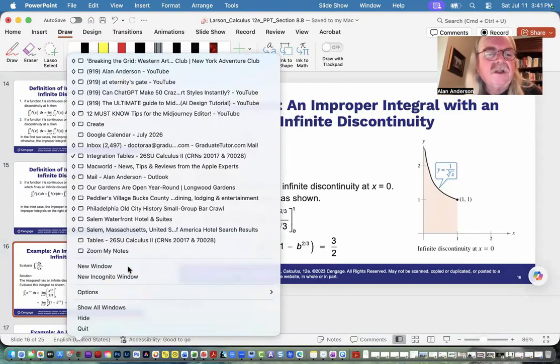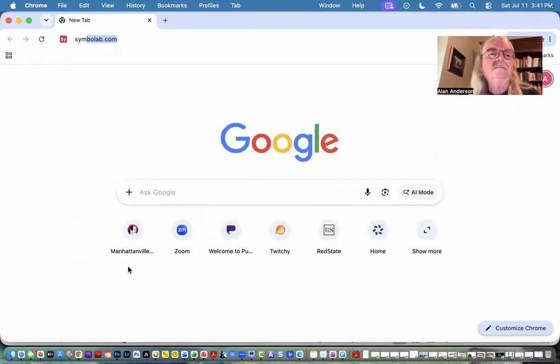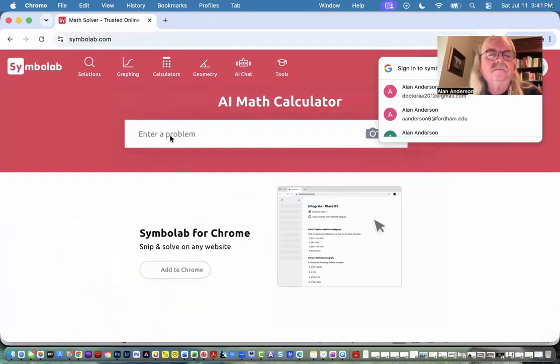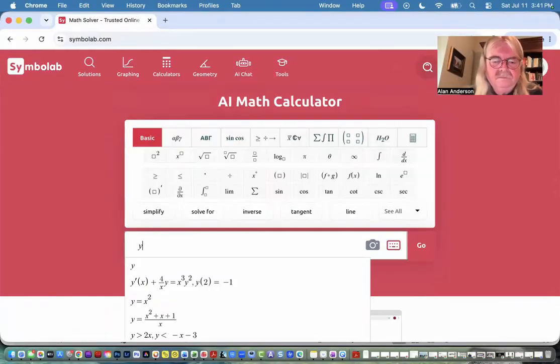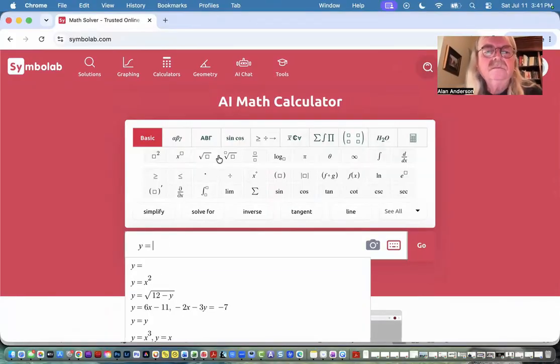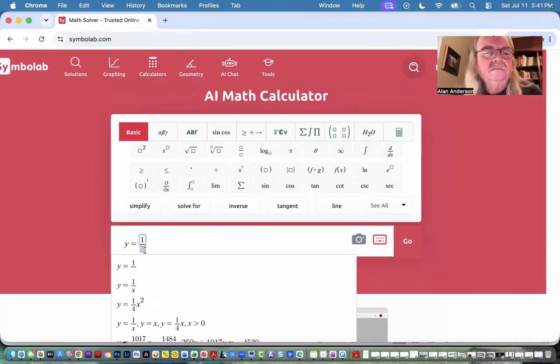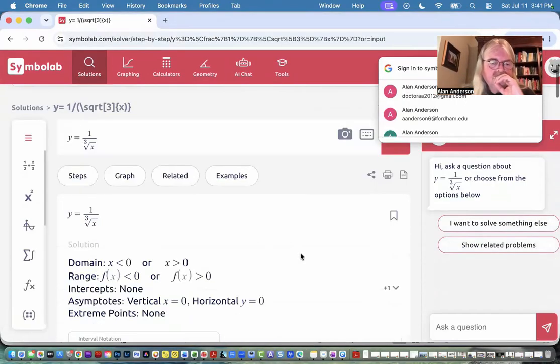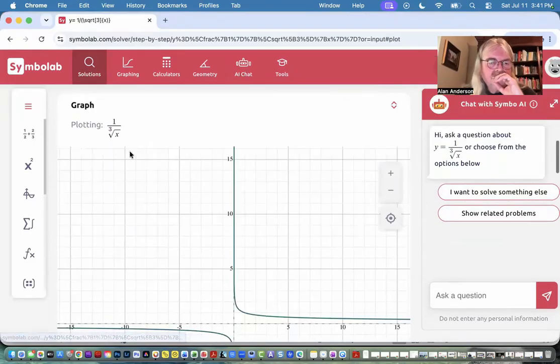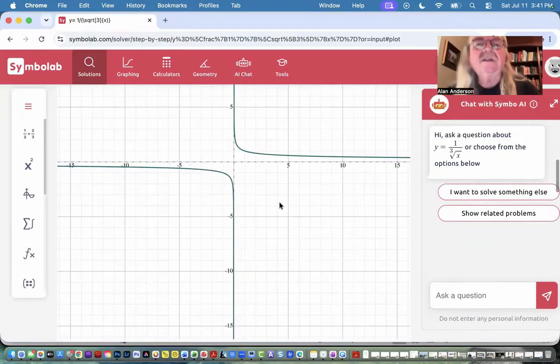It's kind of hard to visualize it. Yeah, so there's definitely a discontinuity.